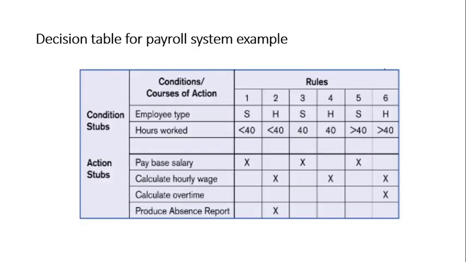So this is how it is represented with the help of a table now. So you are referring this outcome will be calculated based on the rule. See, the rule says hourly wages, less than 40, outcome will be hourly wages and absentee report, right? Then if he works on hourly basis and it is equal to 40, directly calculate the hourly wages and give, right?